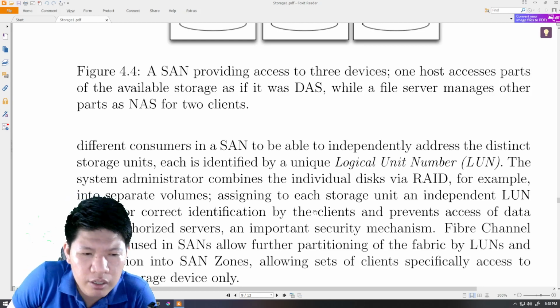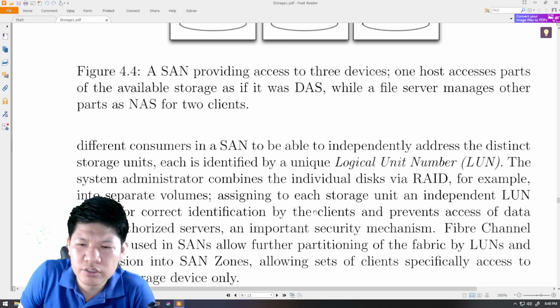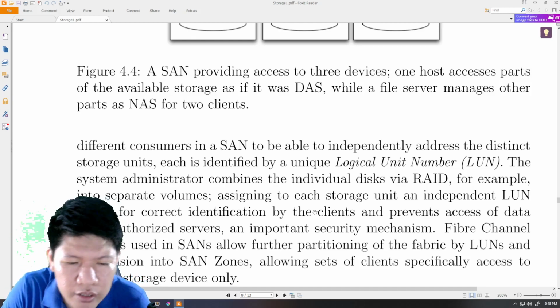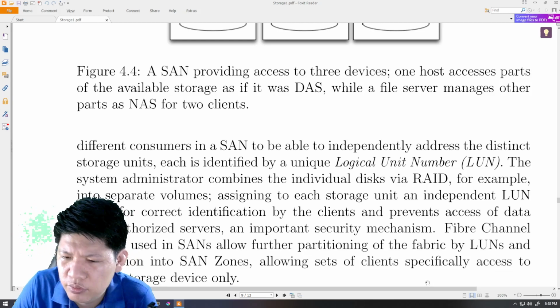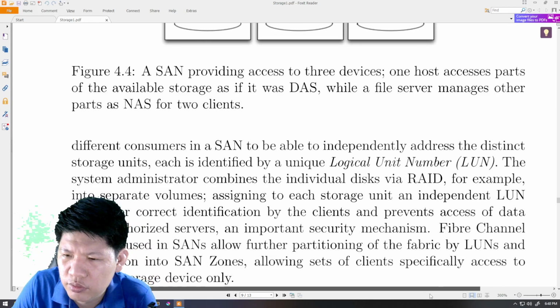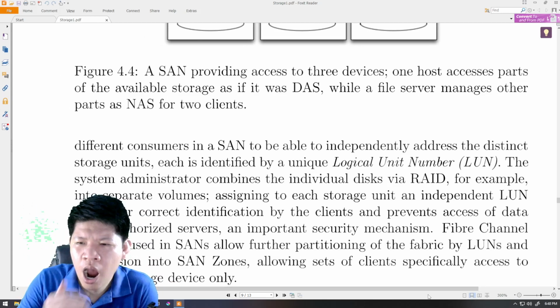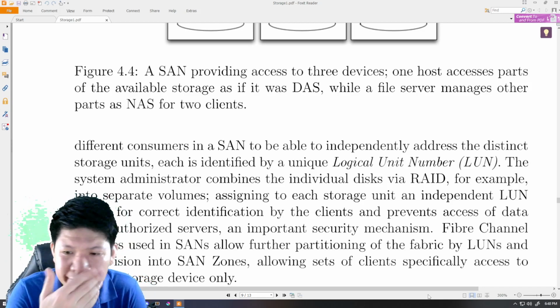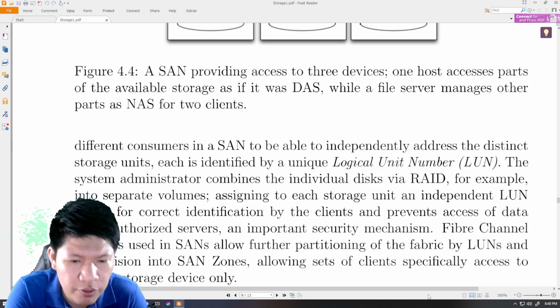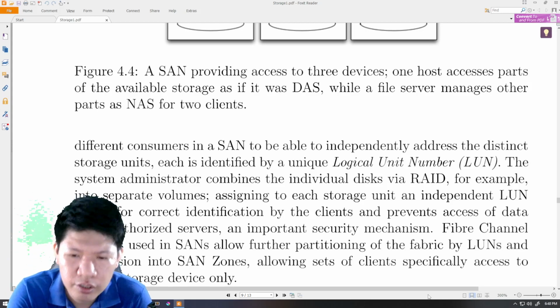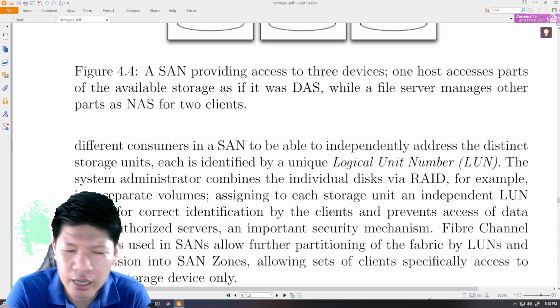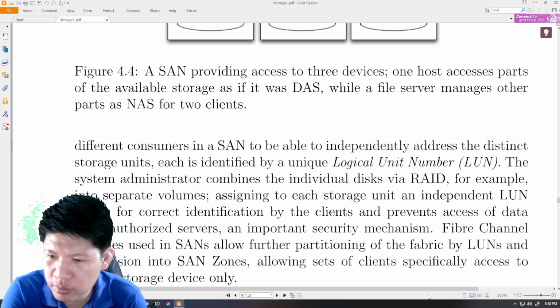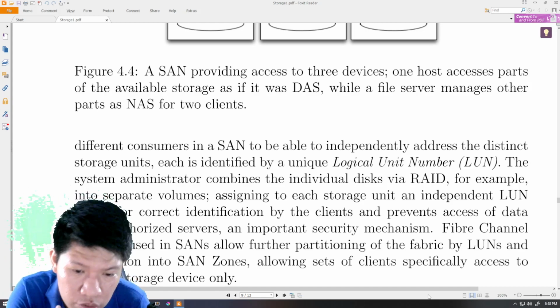For example, the separate volume assigned to each number is independent. The logical unit number allows for correct identification by the client and prevents access to data by unauthorized users.